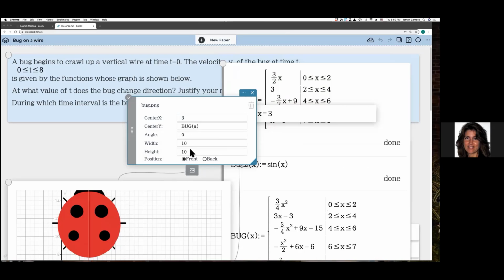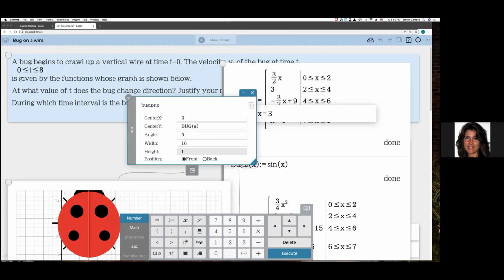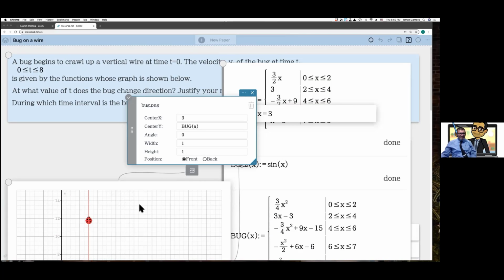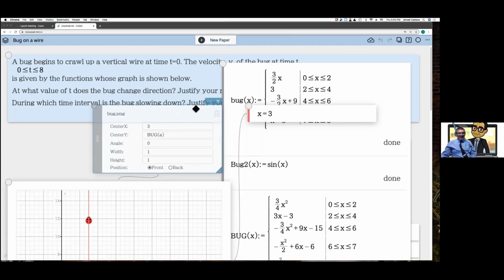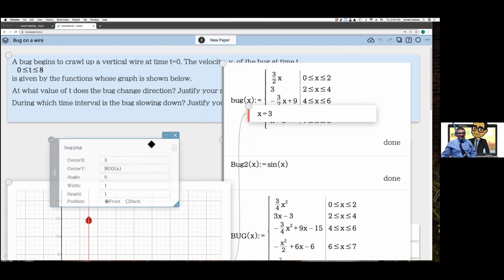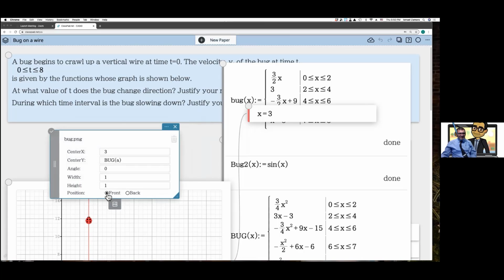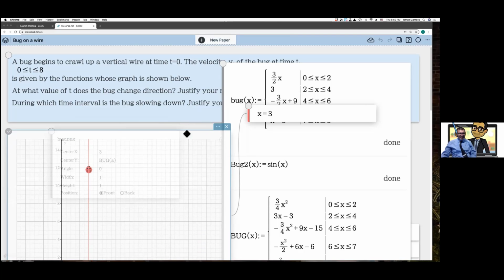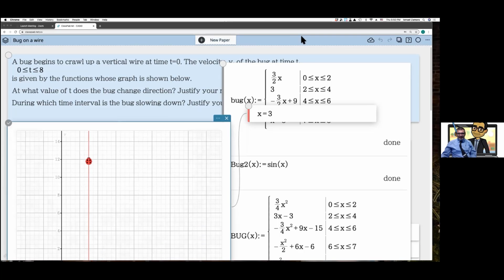The images tend to come in very large, and it's nice to know that you can manipulate them any way you want. I want to make the bug noticeable, but not too intimidating. And then I put this in the back. I could change if it was in the front or the back. I like to keep it in the front just so you can see that it's actually on top of the wire and not under the wire.